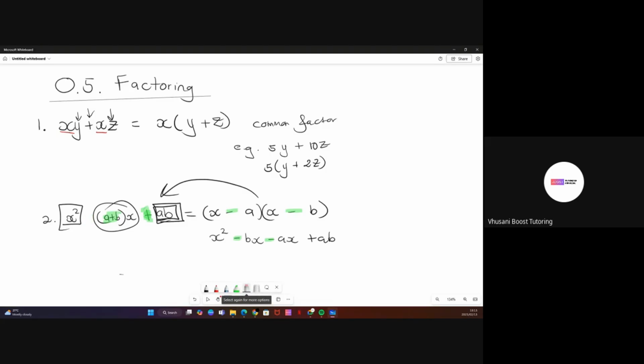If this symbol is a negative and this one is a positive, then you immediately know that you can use a negative and a negative. So those are just some tricks that I was taught back then.